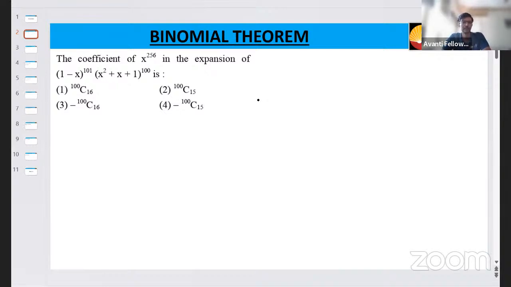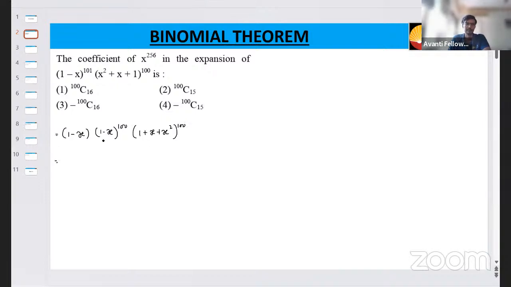So first, obviously, guys, we have to simplify this expansion. I can write this expansion as (1 minus x) into (1 minus x) raised to the power 100 into (1 plus x square) raised to the power 100.